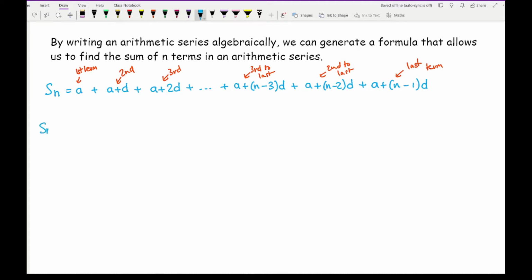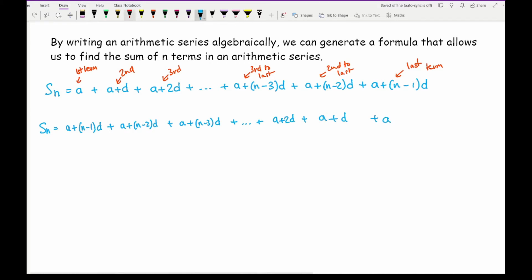So I'm going to write Sn equals, and we start off with our last term, a plus n minus 1d, then a plus n minus 2d, plus a plus n minus 3d, plus, and then our third term a plus 2d, plus a plus d, plus a. So all I've done is simply flip the order.